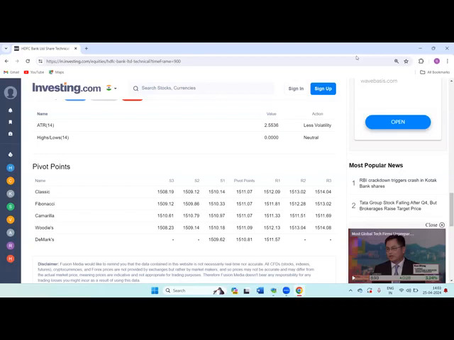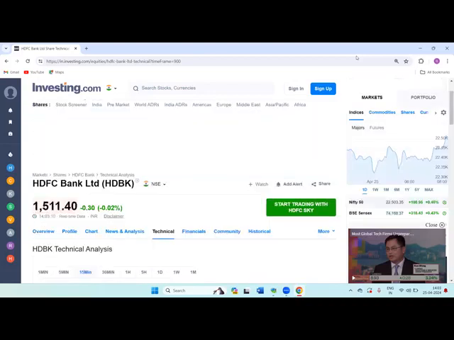The current price is 1,511.40. So we can sell the stock at 1,512.90 and we can buy the stock at 1,510 rupees. We can do reverse trading also.